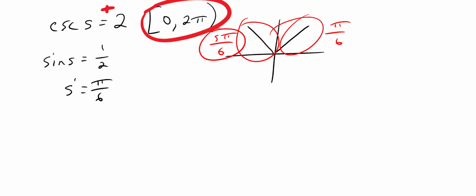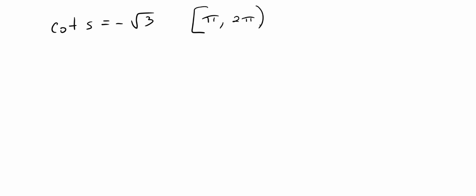Okay, so let's do a cotangent one. Okay. All right, so cotangent of S is equal to negative root 3. And this restriction I'm going to say is between pi and 2 pi. So a little bit more restrictive, right? So, again, two things that show restrictions.